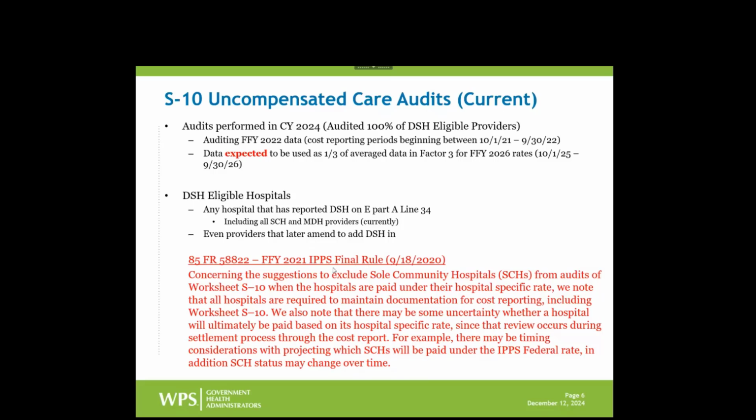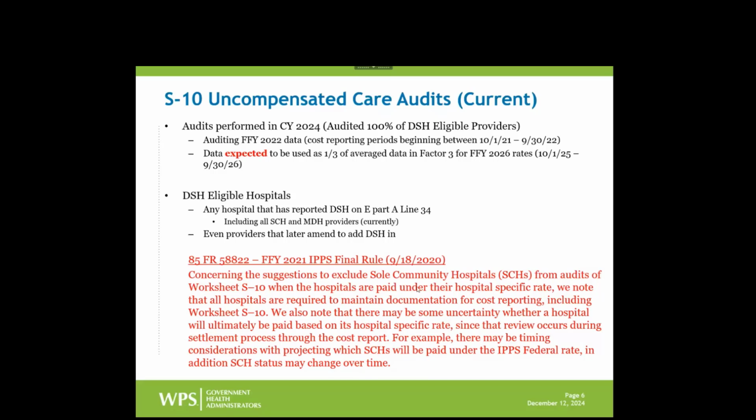Now, the Federal Register, this is that SCH issue. If you look at the Federal Register, the 2021 IPPS final rule, there was a discussion where providers, and others, were basically asking why SCHs had to be included in these audits, especially when their hospital-specific rate was already above the federal rate.